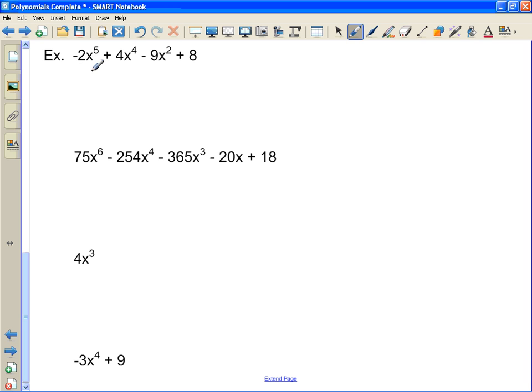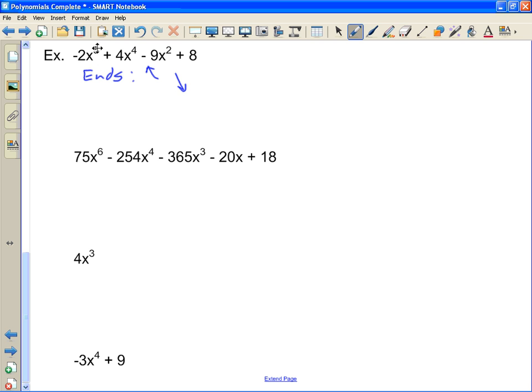So this one, my end behavior, since I'm negative with an odd power, I know it's going to be up and down. As I move left, it's going up. As I move right, it's going down.